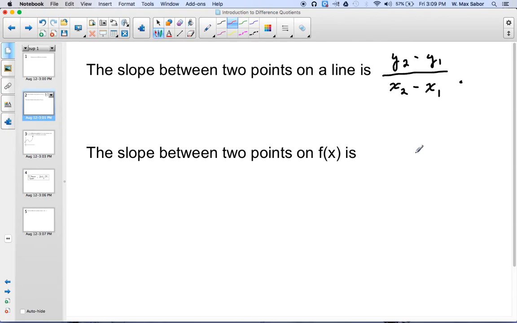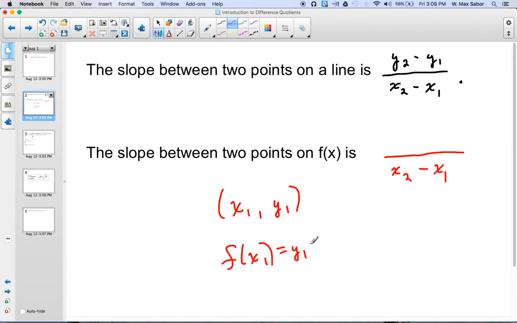Well, we can write this similarly, that we're still going to talk about the change in x and the change in y, but we can relate this x2 to y2 when we have the point x1 comma y1. That's the same thing as saying f of x1 equals y1.